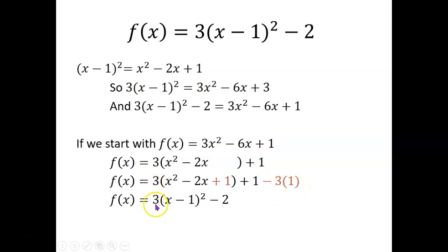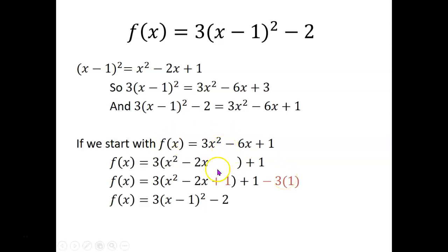So here we have 3 times (x minus 1) quantity squared, and then plus 1 minus 3 is minus 2. So that's one way you can tell from something like 3x squared minus 6x plus 1 what the graph looks like, where the vertex is, how it's shifted, that sort of thing.